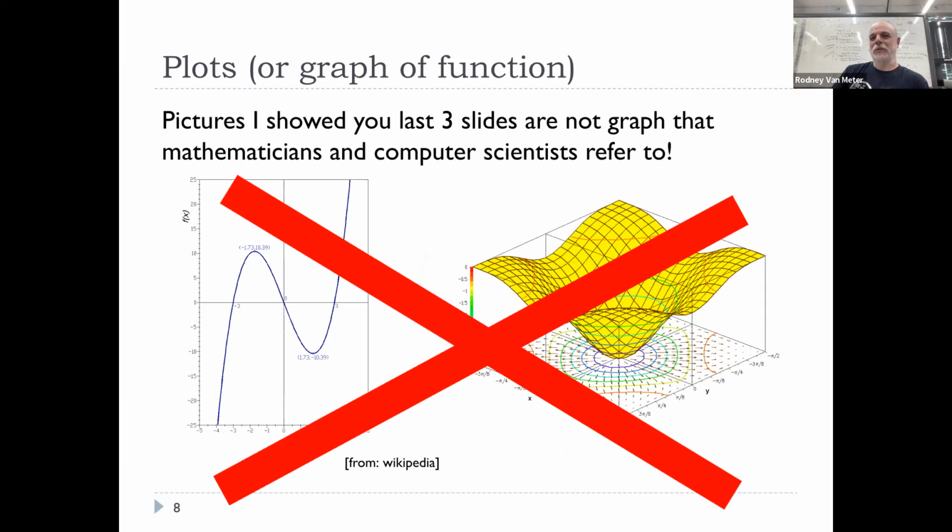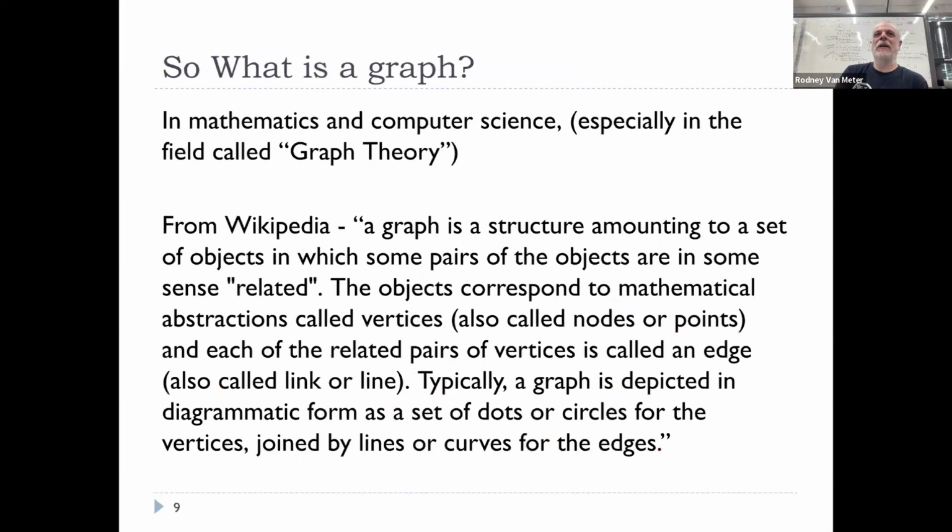But in any case, the word graph has multiple meanings out in the real world, one of which is a definition that actually looks like this in terms of words. It's a structure where you have a set of objects and you have relationships between those objects, and those relationships can be described as some sort of link between these objects.